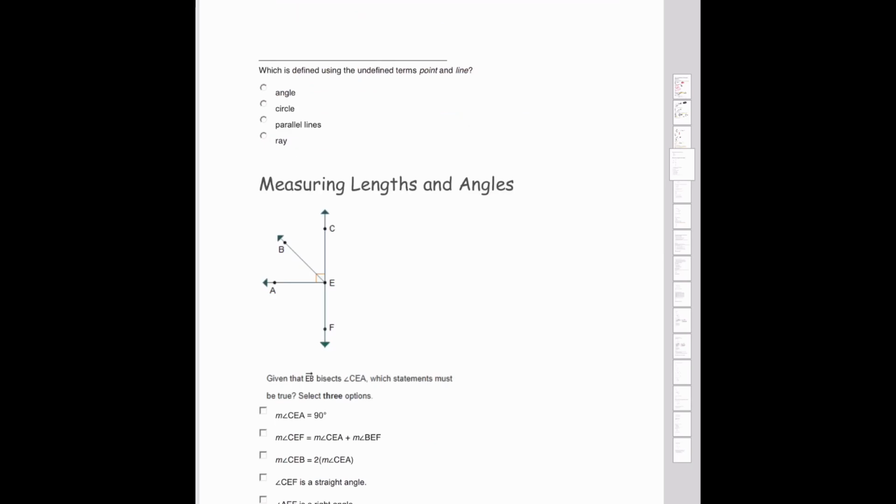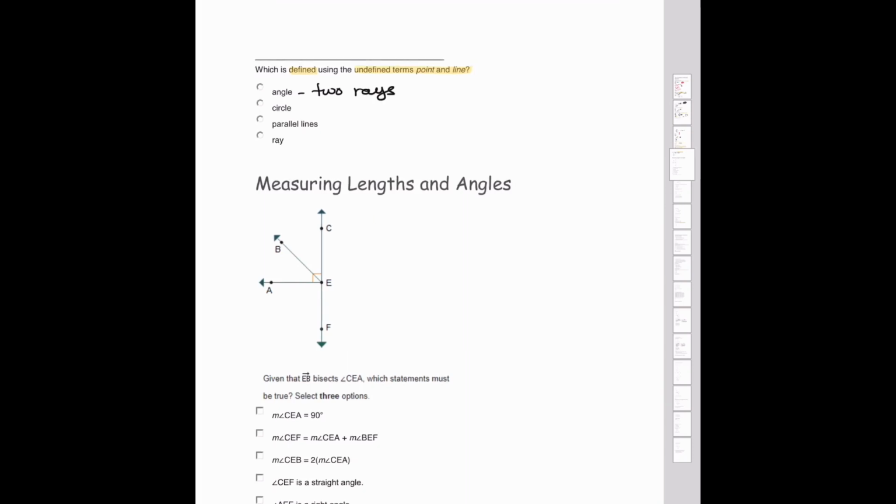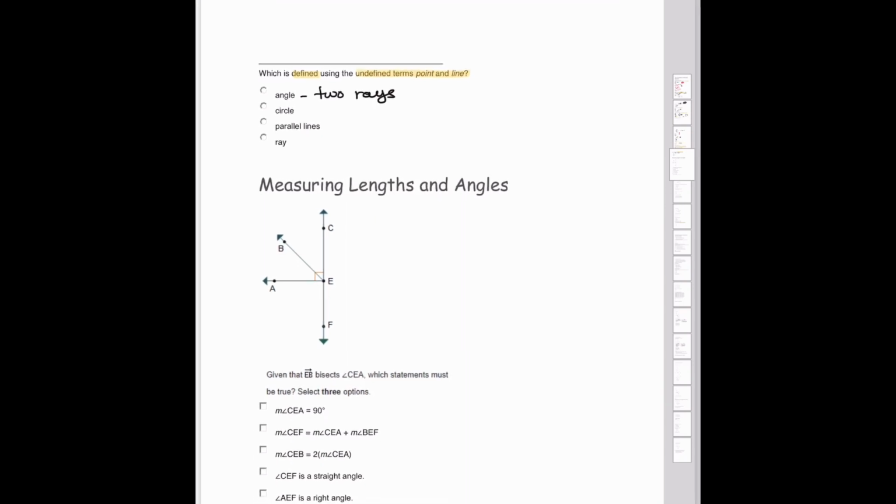So let's look at this question. This question is stating which defined term uses the undefined terms point and line. Well, here we have different defined terms. We know that angles are defined by two rays sharing a common endpoint.